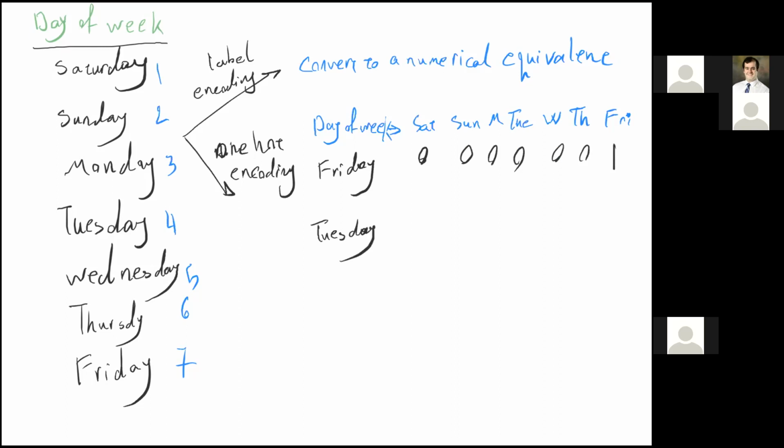Among these 7 newly added variables, it's not Saturday, 0, not Sunday, not Monday, Tuesday is 1, and the remaining are 0. So with either of them, you can convert that categorical column to equivalent numerics.